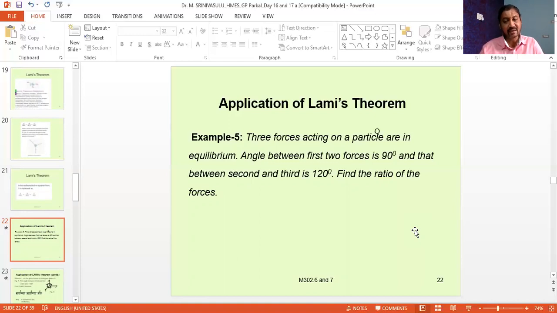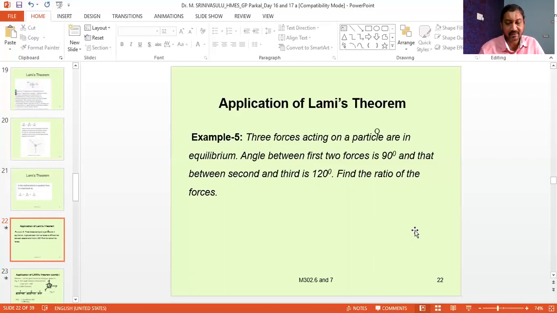So the ratio can be found. So here what is given is that there are three forces acting, and they are in equilibrium, and the angle between the first two forces is 90 degrees, and that between the second and third forces is 120 degrees. Then we need to find the ratio of forces.